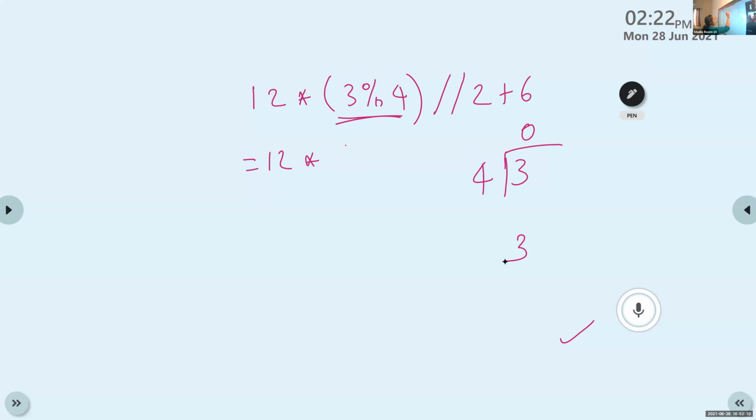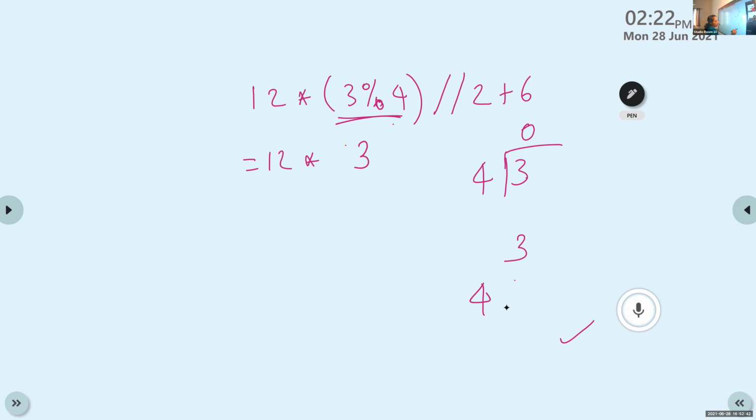3 mod 4 means 3 is divided by 4. There is no fractional part representation for mod, only integer value representation. So 3 divided by 4, we get 3 as remainder. The quotient is 0. So 3 mod 4, the value is 3.